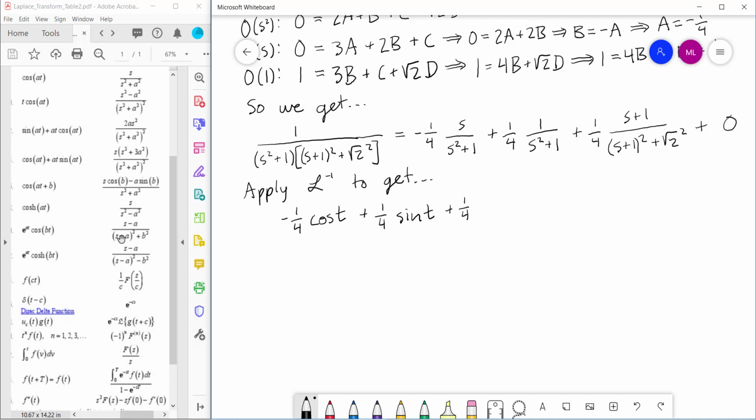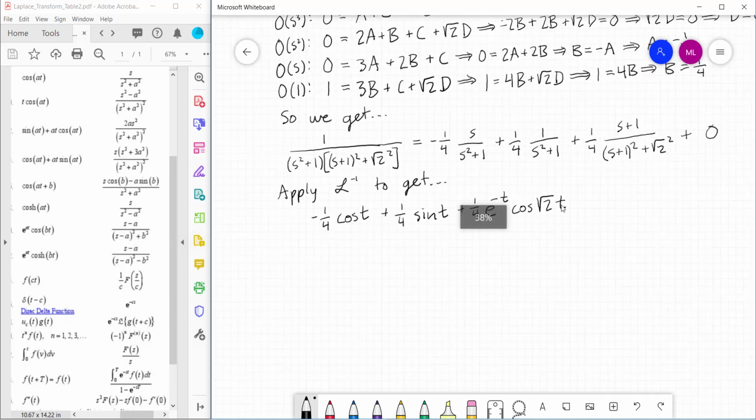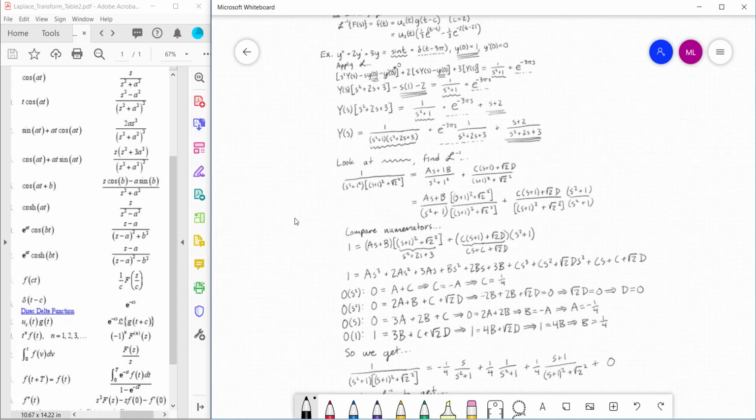It's supposed to be a minus a, so our a must be negative 1. So that's e to the negative t. And we wind up with a cosine of root 2t, because our value of b is the square root of 2. So here's the result of that one piece.